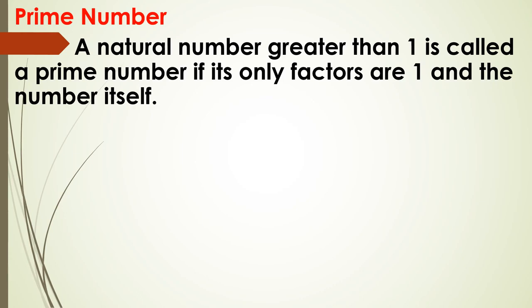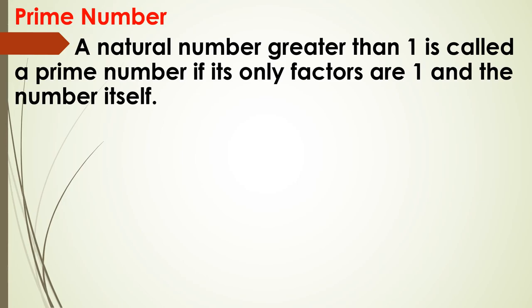You have done many questions. In some questions you have seen that the factors are only 1 and the number itself. Just like I am giving you the example 3. What are the factors of 3? 1 times 3 is 3, that means 1 and 3.